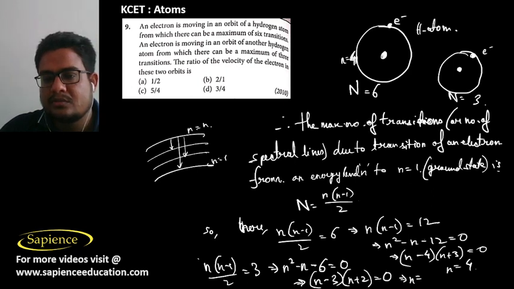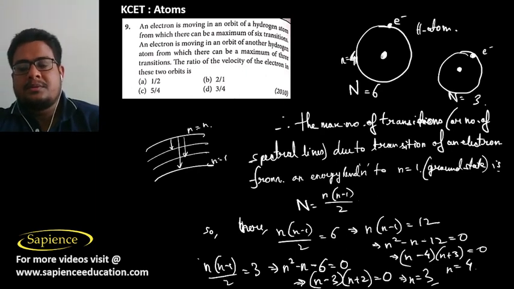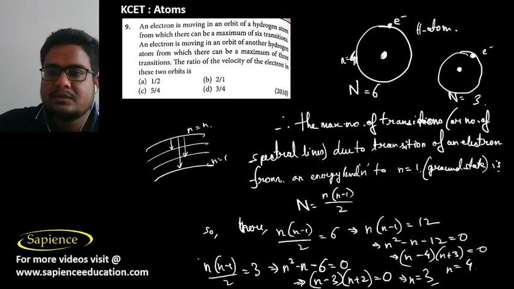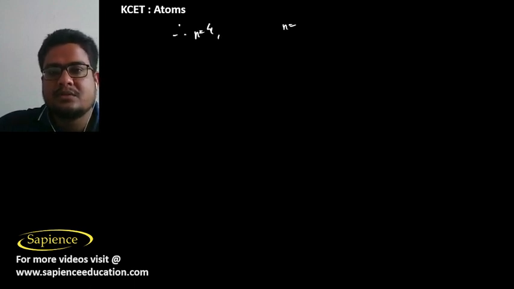So n should be equal to 3. So here in the second case, the electron is in the third energy level. Therefore in the first case n is equal to 4, and in the second case n is equal to 3.